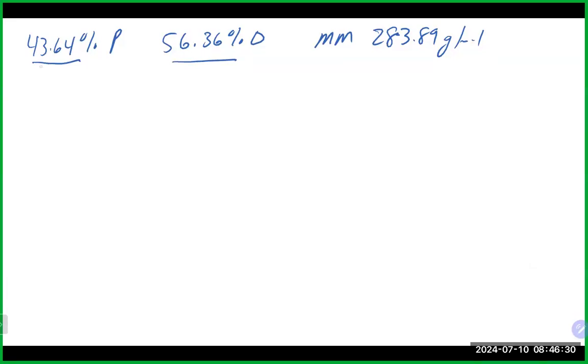So if we convert these percentages by mass into decimals, divide by 100, that gives us 0.4364, which is basically 43% of 283.89 grams, the molar mass of this compound, that would be made up of phosphorus.